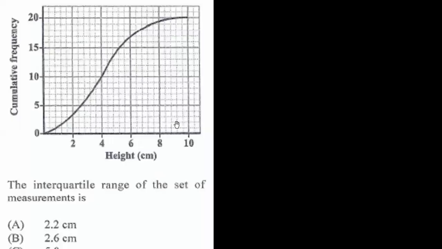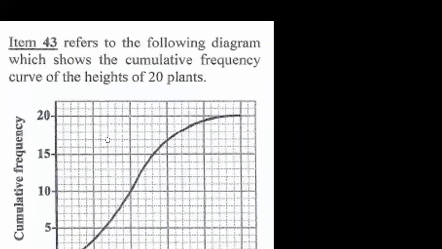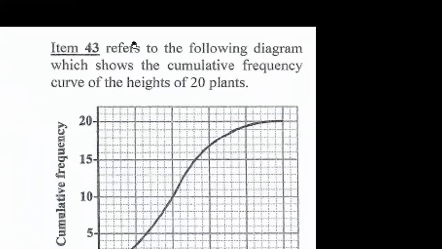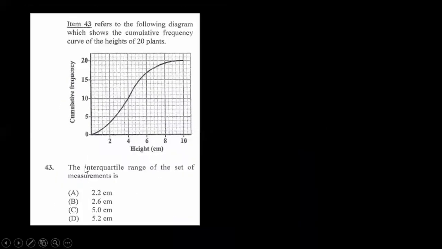In this case, we have cumulative frequency, which tends to come a lot. Item 43 refers to the following diagram, which shows the cumulative frequency curve of the heights of 20 plants. The interquartile range of the set of measurements is what? How do we figure that out? Pretty simple.